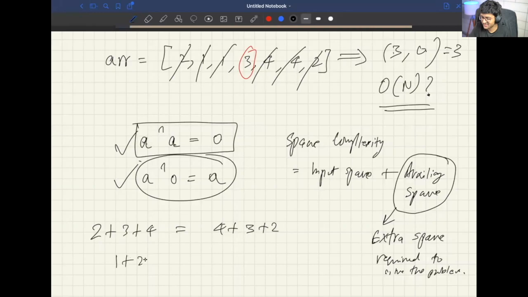Or why is 1 plus 2 plus 5 equal to 5 plus 1 plus 2? Similar thing is followed by XOR. It's the commutative property, actually. Someone said transitive in the chat. Whatever it might be, I don't remember, to be quite frank. It follows that property: associative, transitive, commutative, whatever.